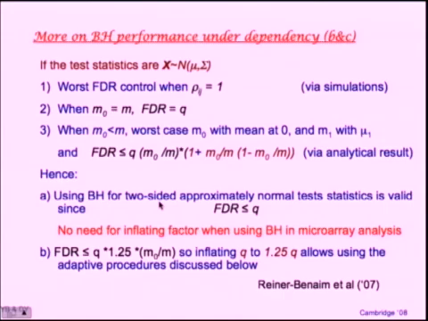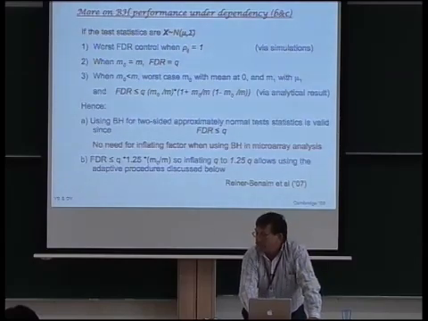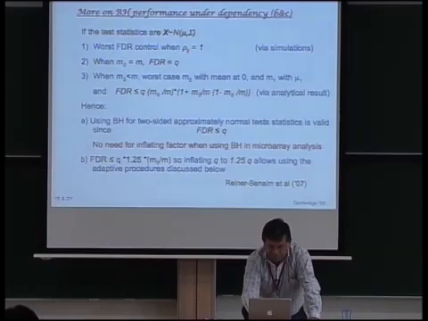So actually, using the BH for this two-sided approximately normal test guarantees that FDR will be less than or equal to q. There is no need for an inflation factor when using the BH in microarray analysis and association studies, whether it's normal, chi-squared, and so on. There should be no problem there.